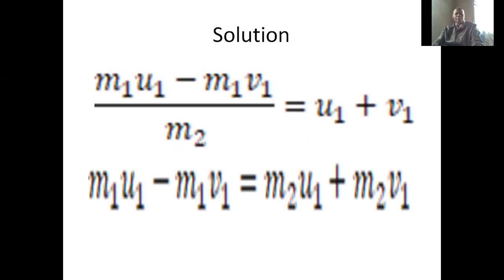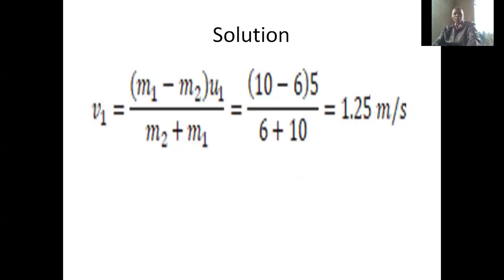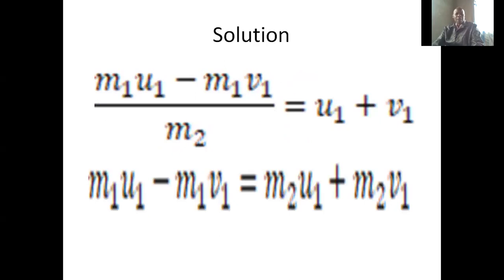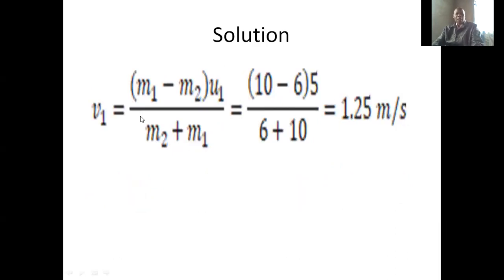When we put the like terms together, we can solve for v1, the final velocity of mass 1, since we have eliminated v2. So from here, you can rearrange, and this is what you get when you rearrange the equation.